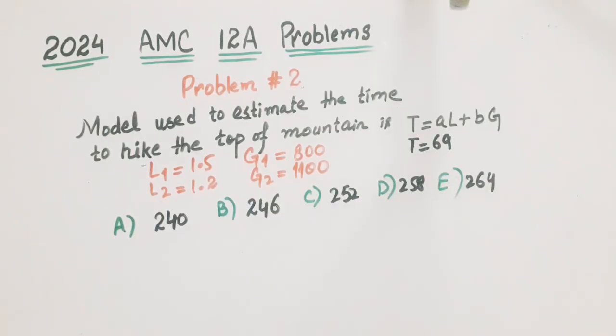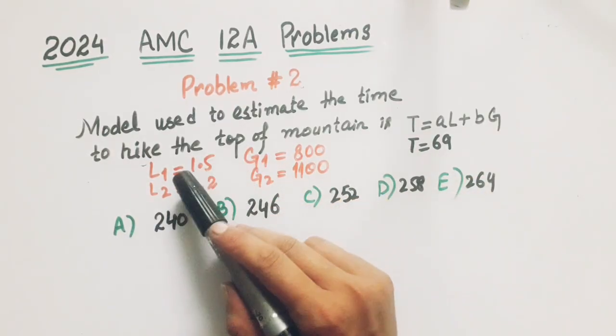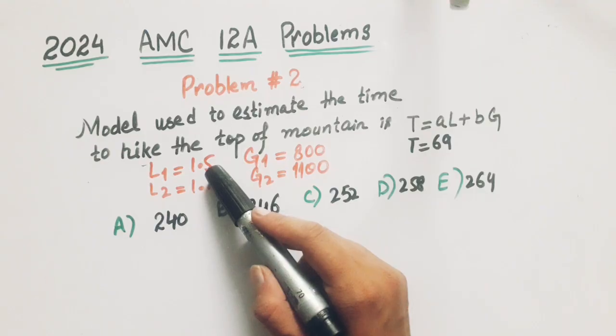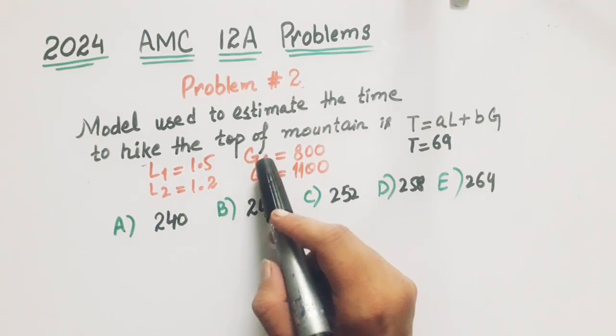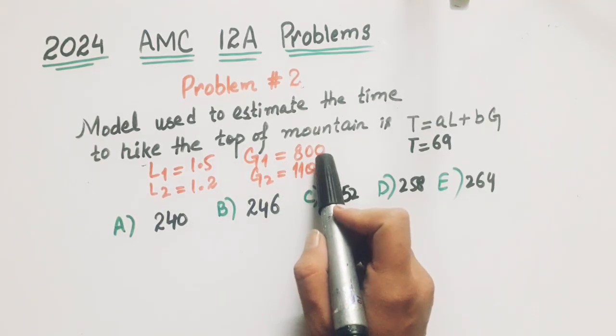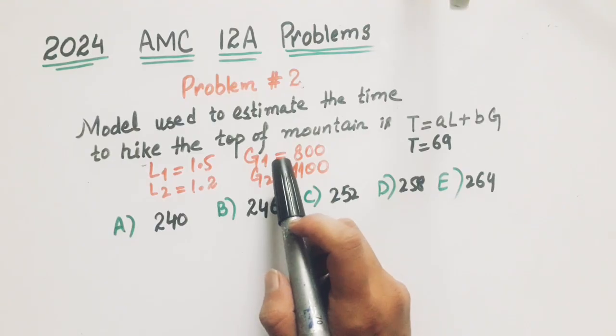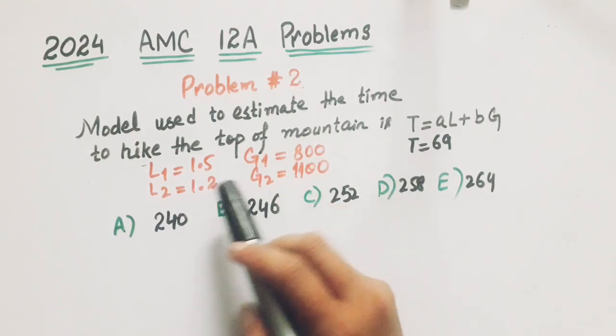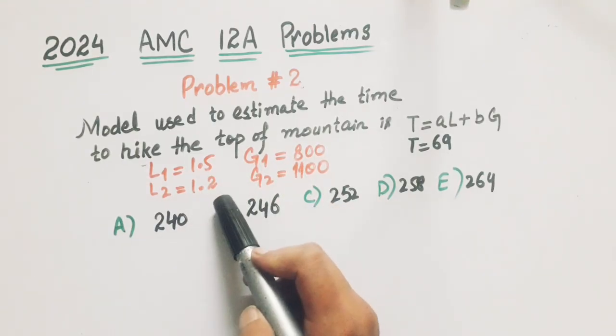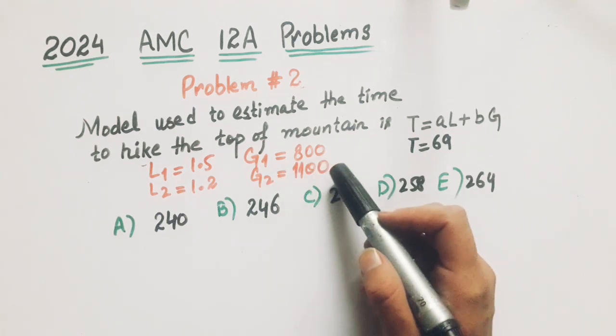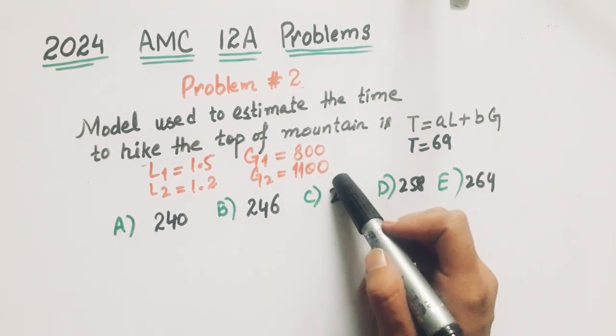It takes 69 minutes to hike to the top of a trail that is 1.5 miles long and ascends 800 feet. As well, if the length is 1.2 miles, it will ascend 1100 feet.